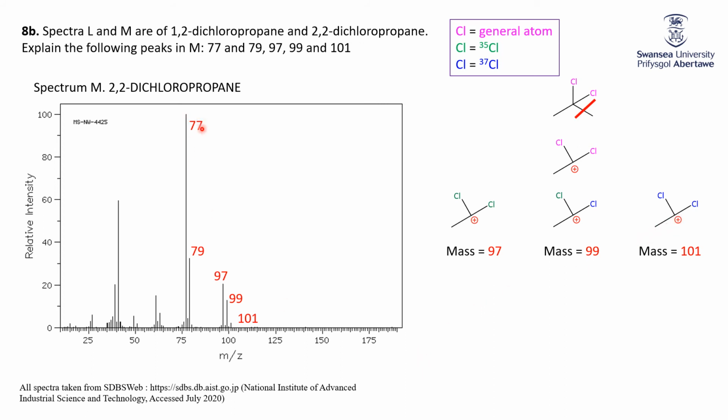Now, how about 77 and 79? Well, how do those relate to the molar mass? Well, it's 112 if both of them are chlorine 35. 112 minus 77 is 35.